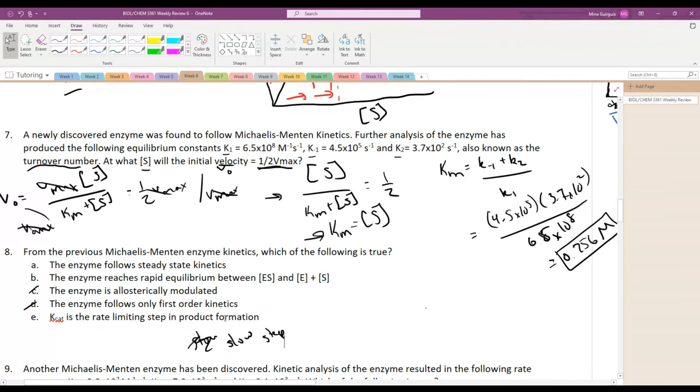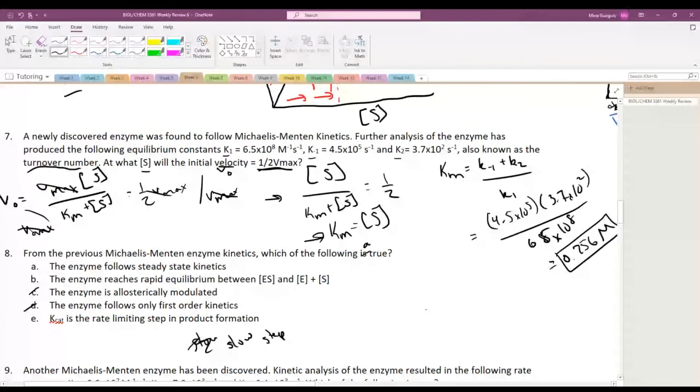It's not the rate limiting step. Wait, did I? Oh no, I'm sorry. This should be which of the following are true, and it's select all that apply. Yes, so E is correct because KCAT. Oh, that's what I did wrong. No, that is incorrect. And here's why. KCAT.